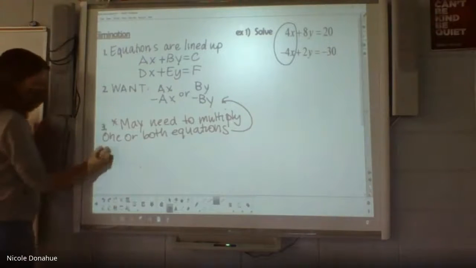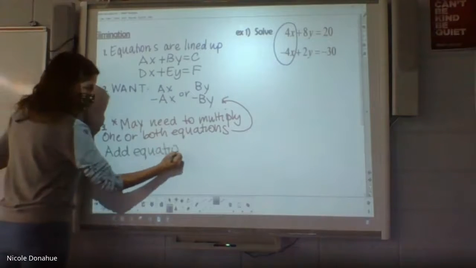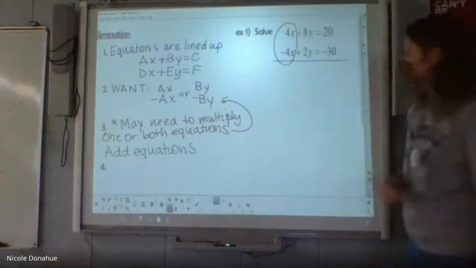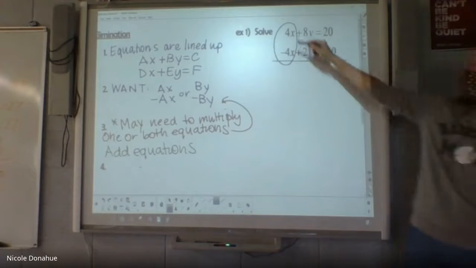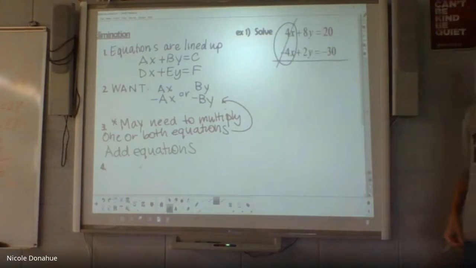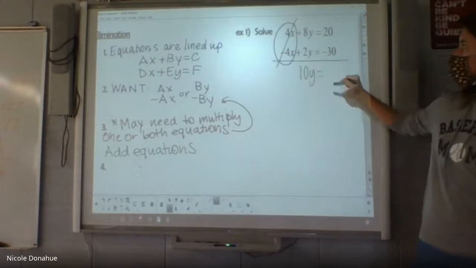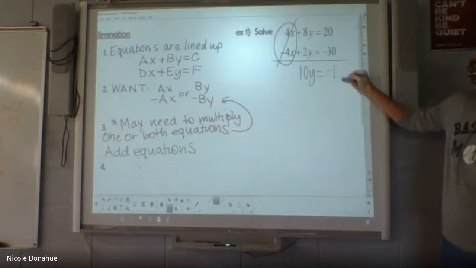Once I have that, I'm going to add the equations. I'm going to add the like terms. So when I add these, the 4x minus 4x is going to cancel. And 8y and 2y add together to be 10y. And 20 minus 30 is going to be negative 10.